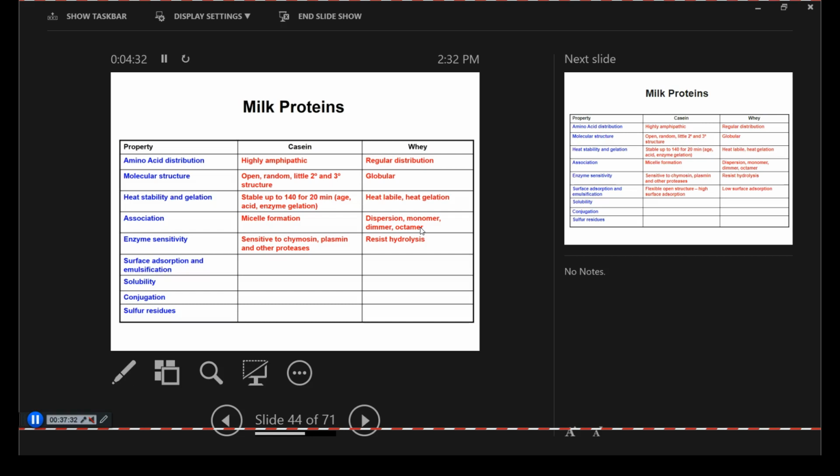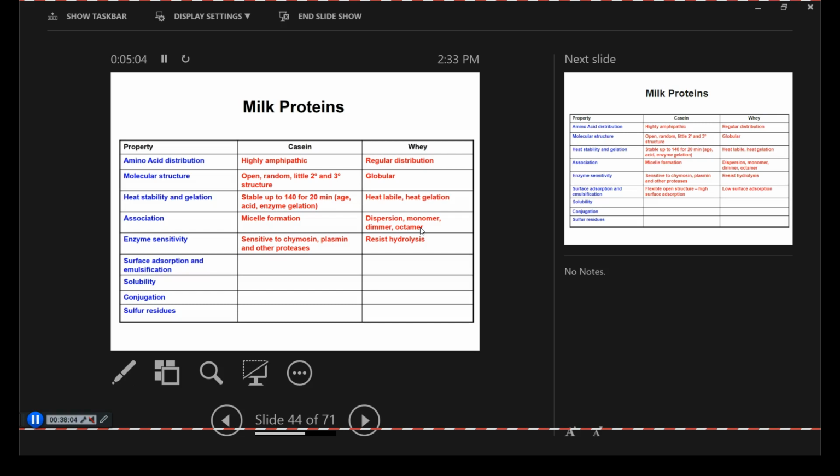Enzyme sensitivity. Casein is sensitive to chymosin, so that's where we use it for curd formation. Plasmin, which is an enzyme present naturally in milk, can chop up casein, especially beta casein. Whereas whey protein, given that it is a globular protein, resists hydrolysis by native or endogenous enzymes like plasmin.